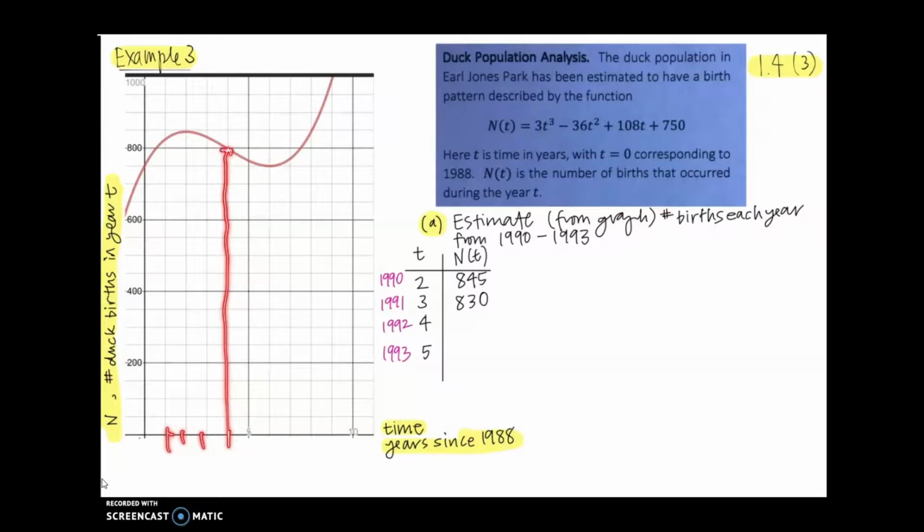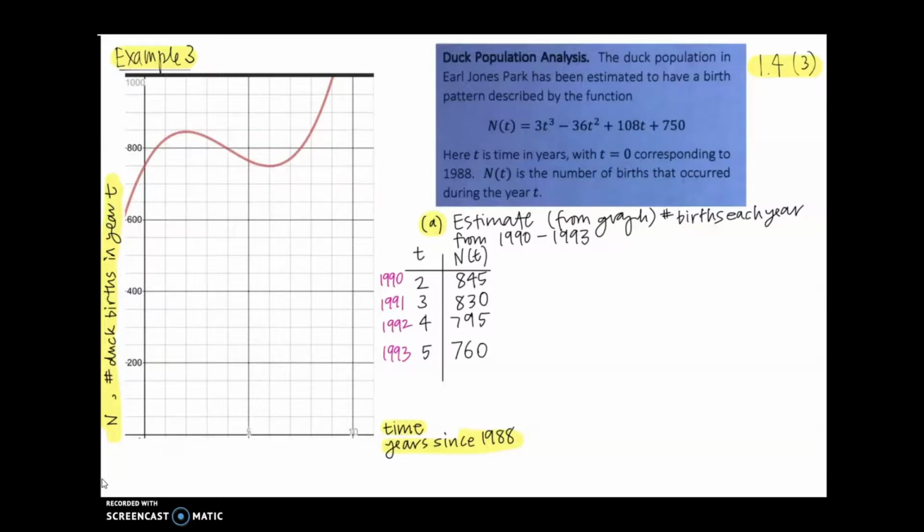So this is right under 800, and remembering that this right here is probably about 700, I'm going to say like 795 when we reach year 4. And then year 5 right here. Remembering that this right here is 750, maybe like 10 more than 750 would be an estimate, so 760.